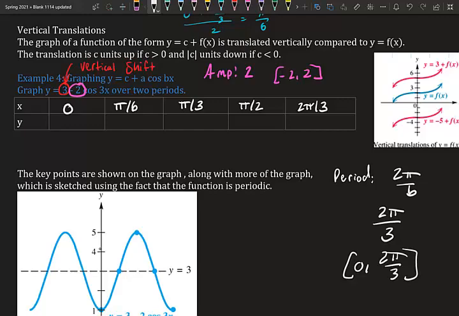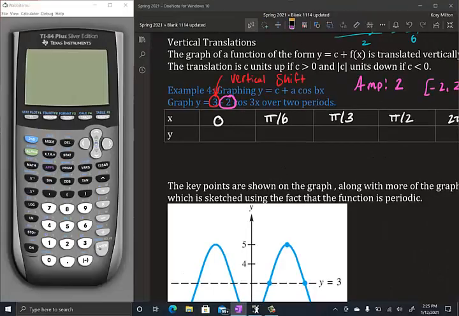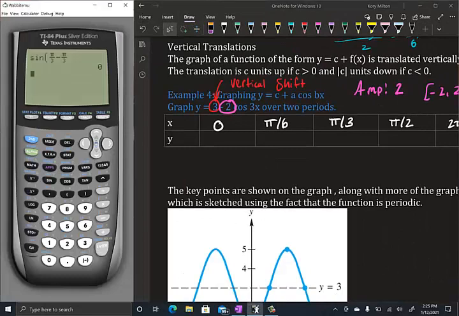Alright, let's plug in the first one, and then I'll teach you about patterns. So our first one, we have 3 minus 2 cosine 3x. This time it's 0. And we get 1. Alright, let's plug in pi over 6.